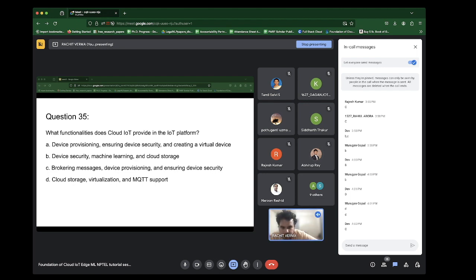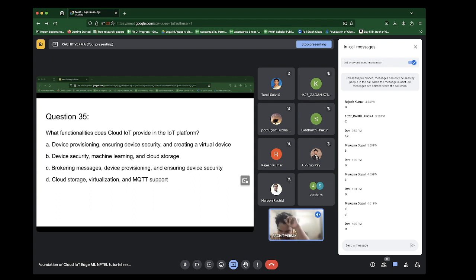So C is the right answer. If we look at the options, there could be some confusion between C and A. It is not necessary that cloud IoT will always help you create a virtual device. So device provisioning and ensuring device security are almost guaranteed, and the third thing it does is help broker messages between two devices.